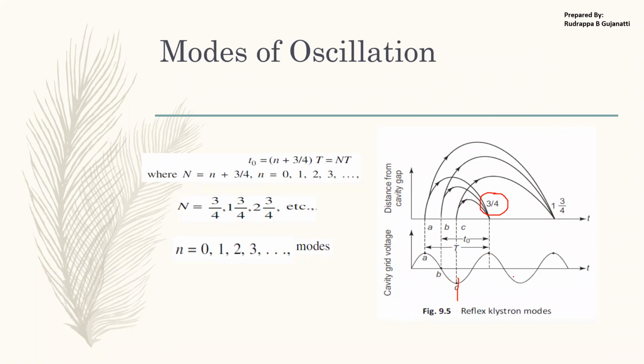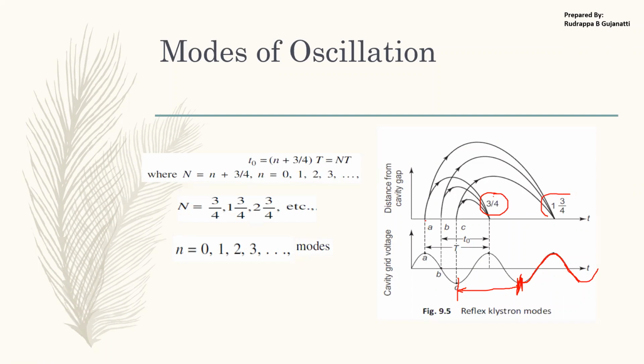So from here to here, interactions are not present. That is, bunching is not present over here. Bunching will be present from this point to the other point. That is the lowest mode possible. Theoretically 3 by 4, but practically it is 1 3 by 4. So bunching is possible; it starts from this point.